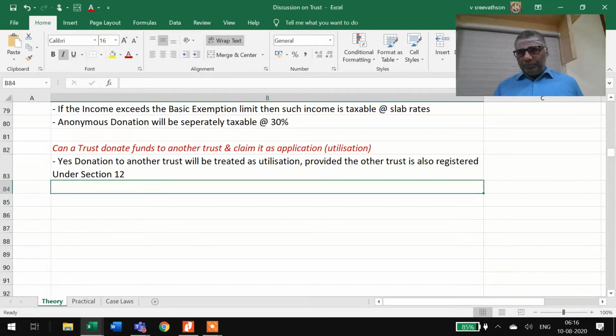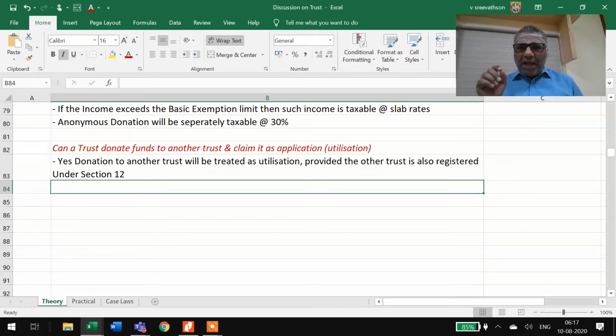Now, a couple of years back, one amendment came which is very important. It is not in the Finance Act 19, it is in fact before FA 19, but it gets importance.